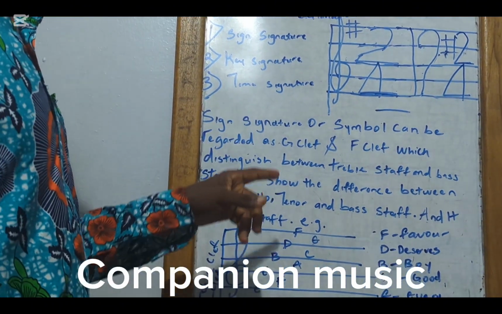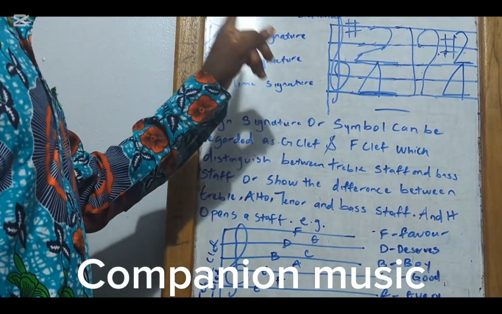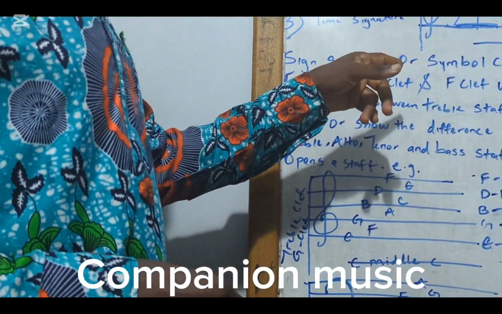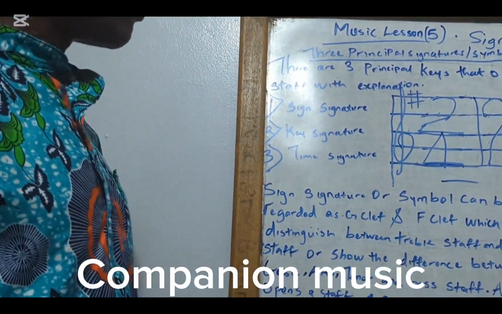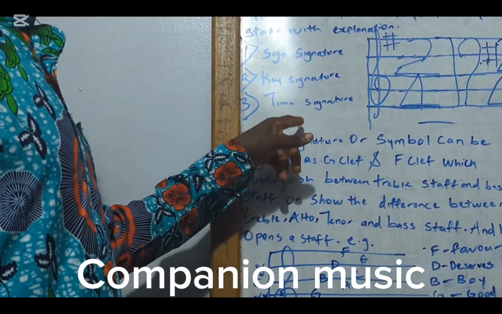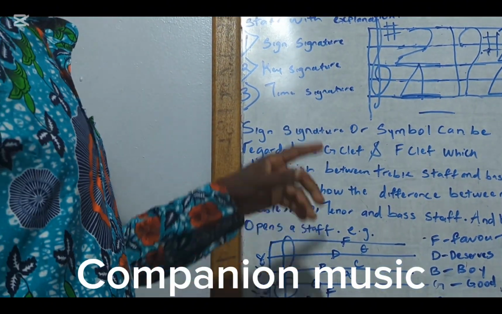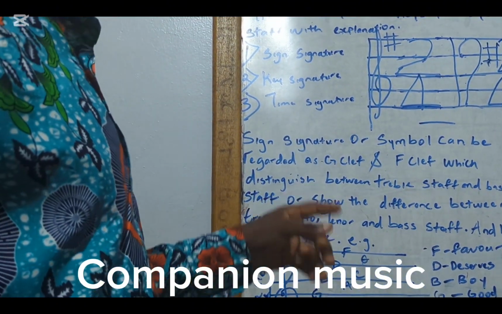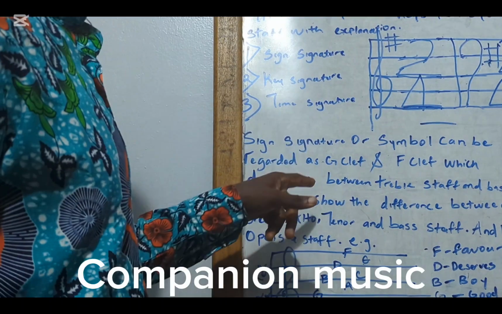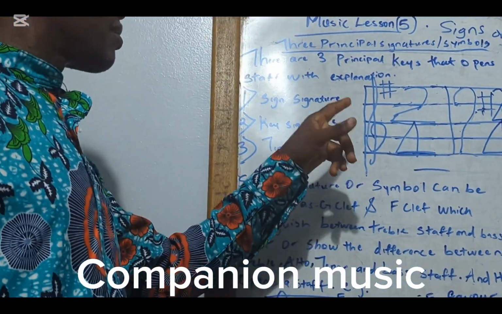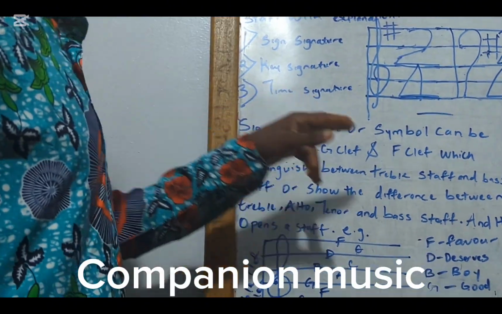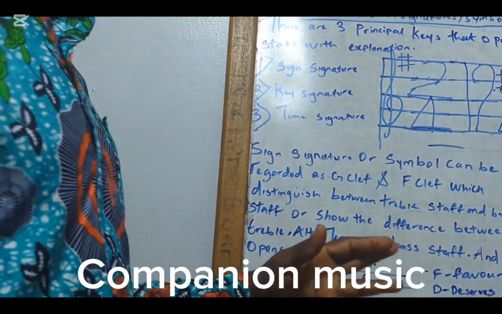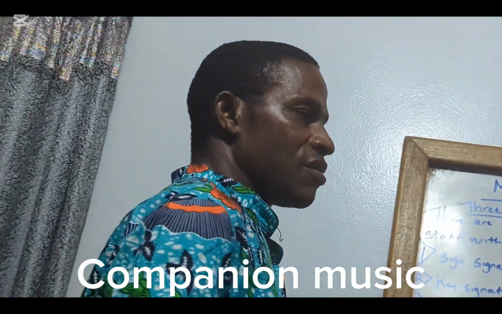The G clef makes the difference between the treble part and the bass part. The treble part has its own clef, while the bass part has its own clef. The treble part is the G clef, while the bass part is the F clef.